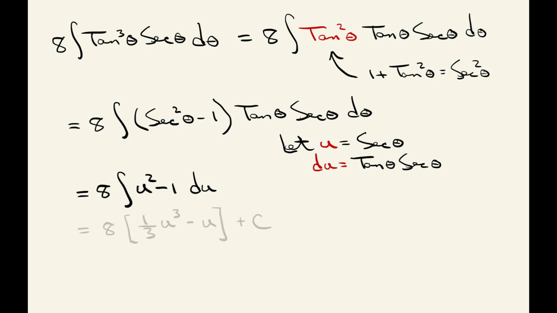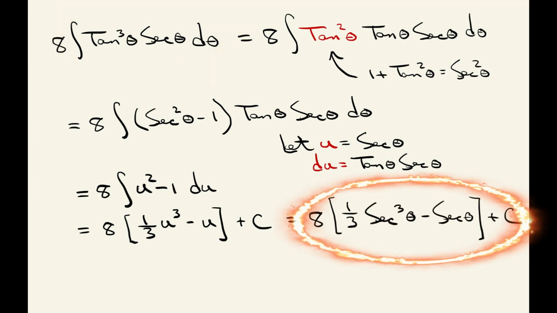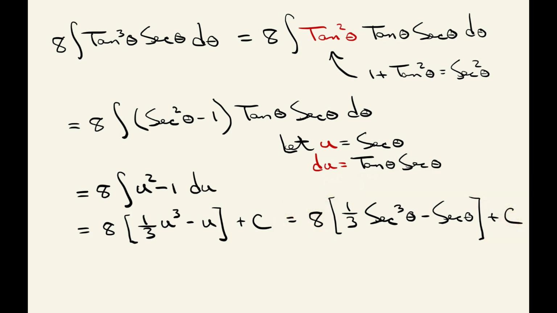Of course, this is equal to 8 times the quantity 1/3 u cubed minus u plus c. Substituting secant theta back in for u gives us that 8 times the integral of tan cubed theta secant theta d theta is equal to 8 times the quantity 1/3 secant cubed theta minus secant theta plus c.